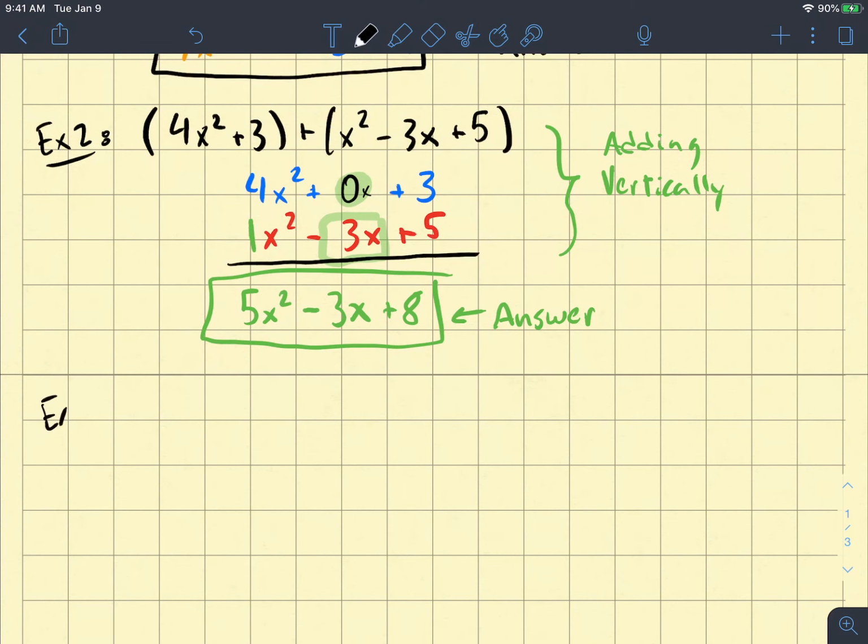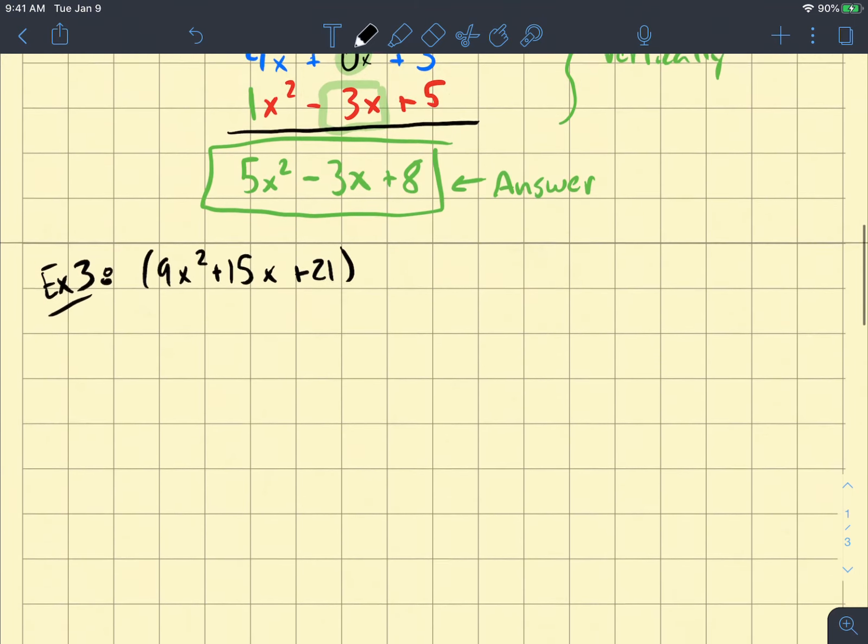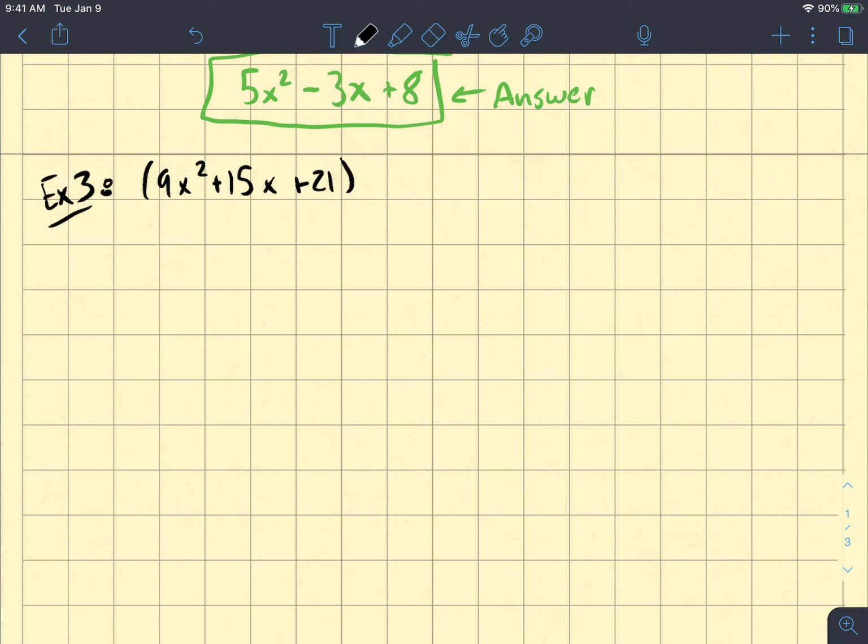All right. Example 3. It's going to be 9x squared plus 15x plus 21, plus negative 13x squared minus 11x minus 6.